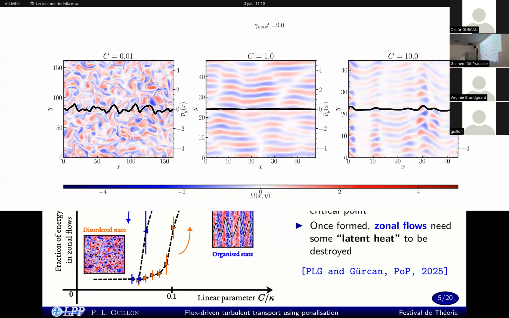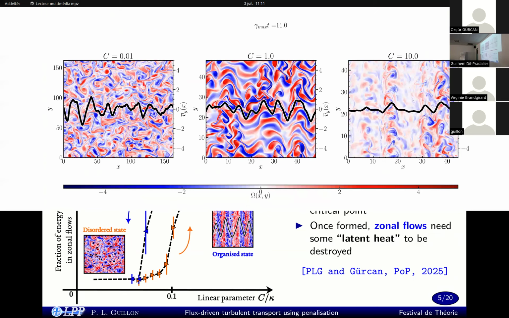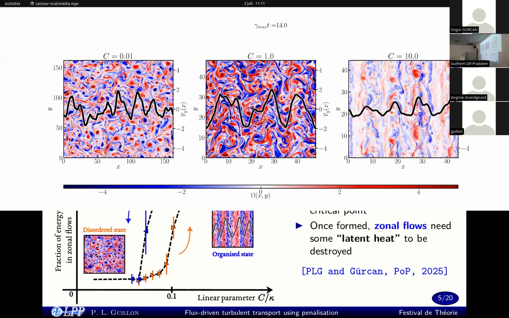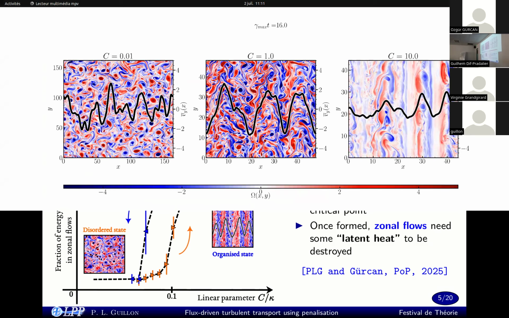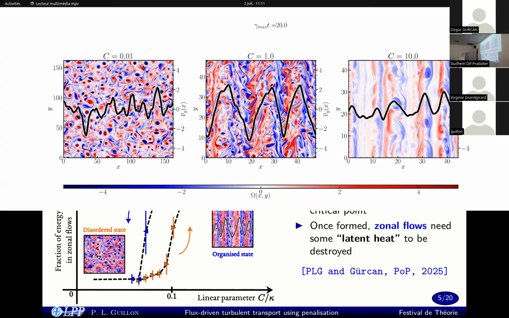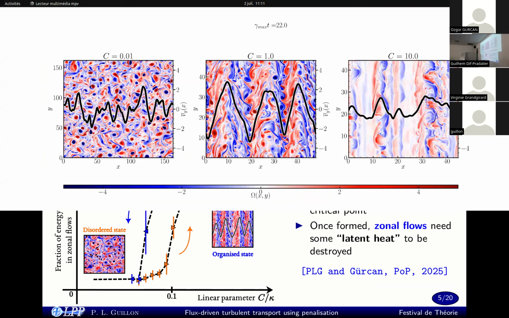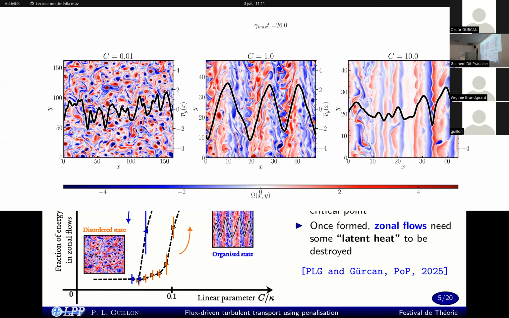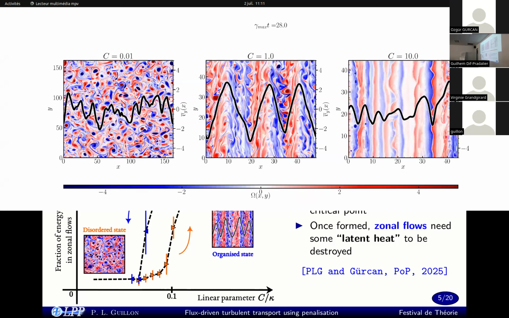Then the instability saturates in turbulence. While for low values of C we have this 2D chaotic turbulent state, for large values of C the turbulence self-organizes into large-scale shear flows, the zonal flows, which are quasi-stationary. And then for very large values of C, we have this exotic behavior of flows merging, which I want to discuss today.